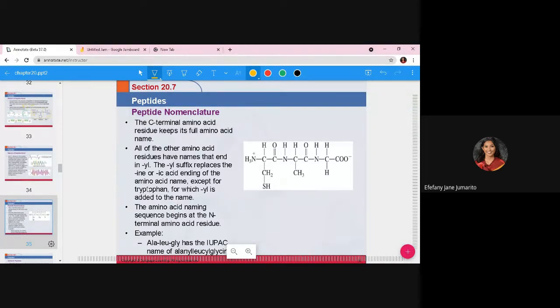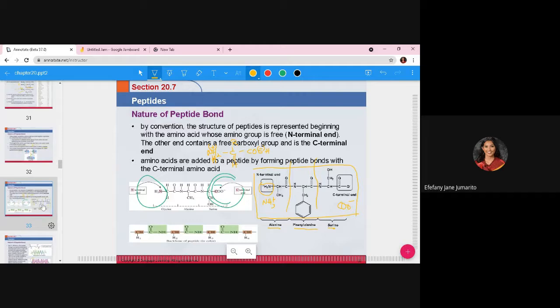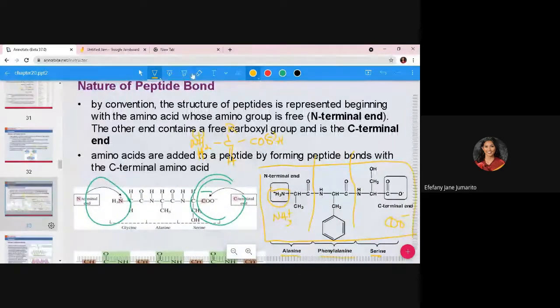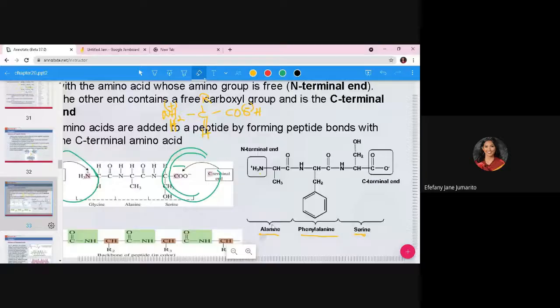Now how do we name your amino acids? Let's go back here. You said earlier that there are 3 amino acids present. This is a polypeptide, a tripeptide to be specific, because there are 3 amino acids. It says that in the C-terminal end, the C-terminal amino acid residue keeps its full amino acid name.